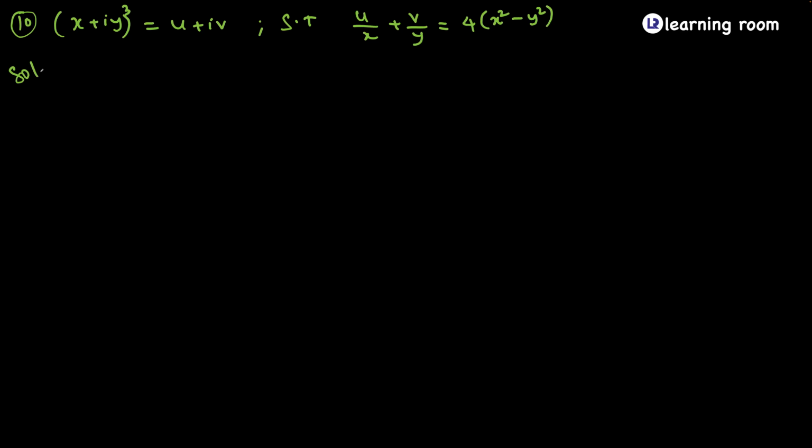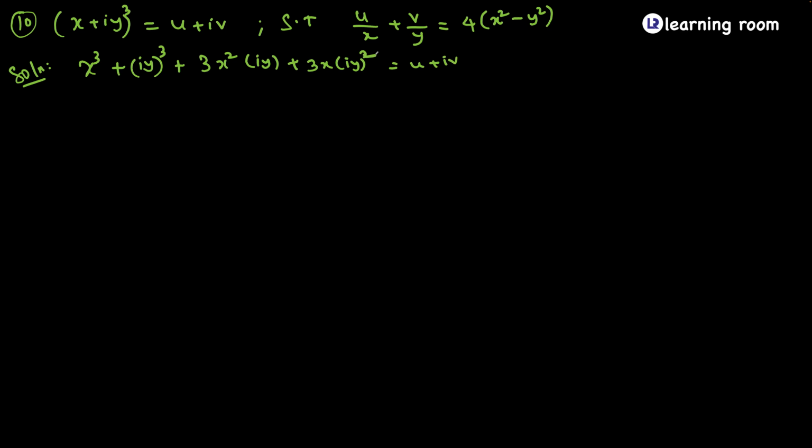Okay. So to look at the solution, what is the expansion of this? It is going to be a cube plus b cube plus 3a square b plus 3a b square. This is equal to u plus iv.